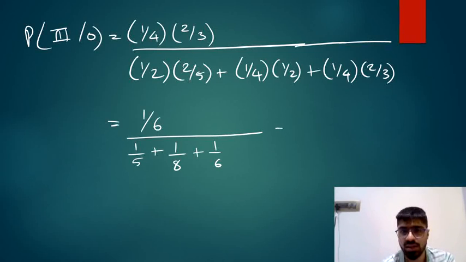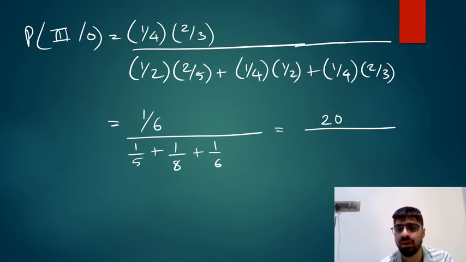So if I take the LCM as 120, let's multiply the numerator and denominator with 120. So in the numerator you get 20 and in the denominator 120 by 5, that would be 24 plus 120 upon 8, that would be 15 and 120 upon 6 would be 20. That's 59.